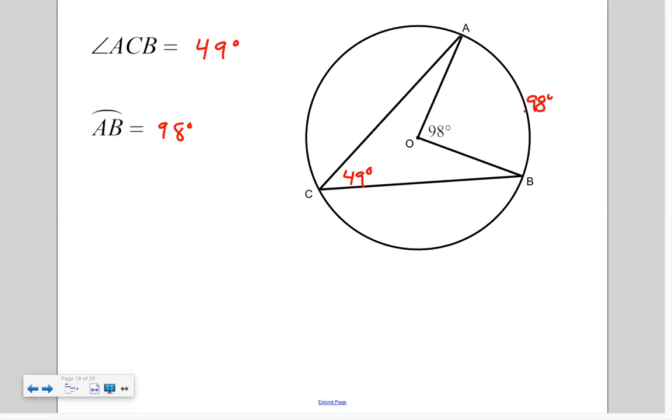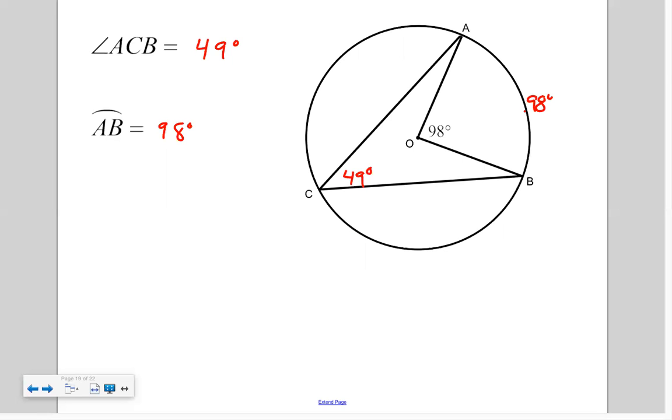Now you could skip ahead and say that when you have a central angle and an inscribed angle, and they have intercepts at the same two points, the inscribed angle is always half the measure of the central angle. Or the central angle is always double the inscribed angle. And again, it doesn't matter how we draw this inscribed angle.